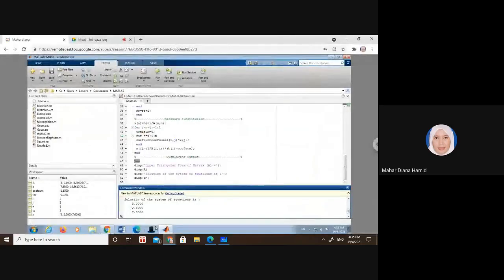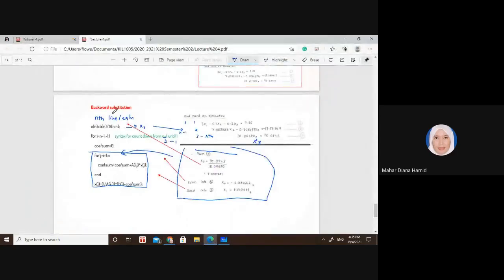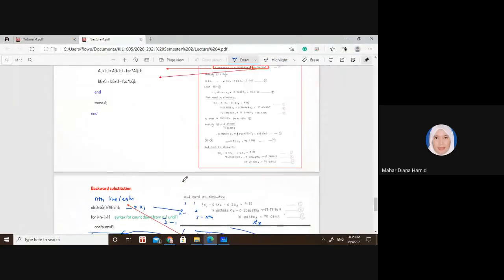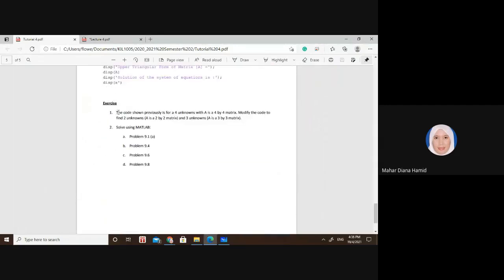So as I mentioned previously, if you refer back to your exercise tutorial, for line number 1, the code shown previously is 4 unknowns with A as a 4 by 4 matrix. Modify the code to find 2 unknowns and also 3 unknowns. Actually, a 4 by 4 matrix would be similar to 3 by 3.